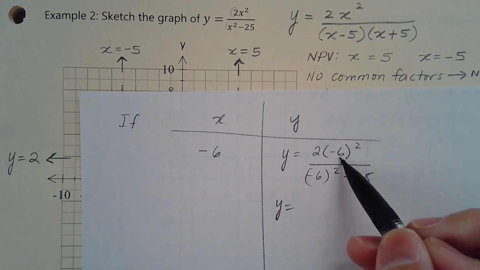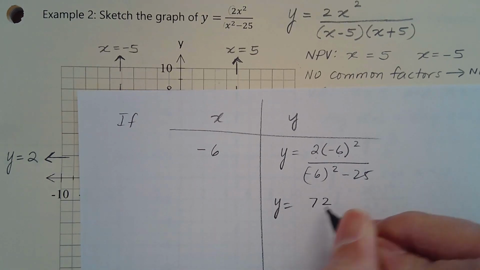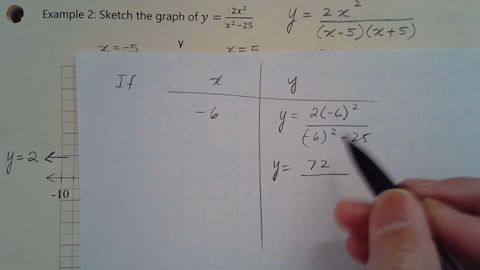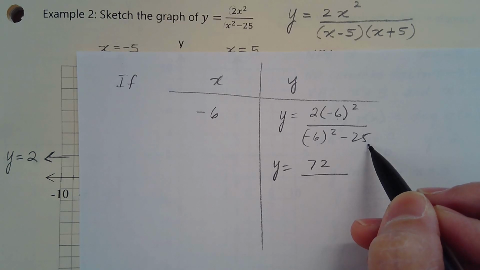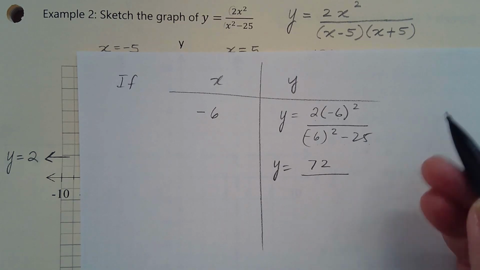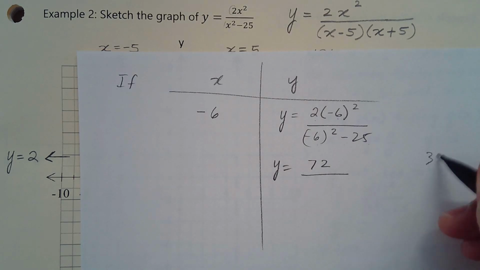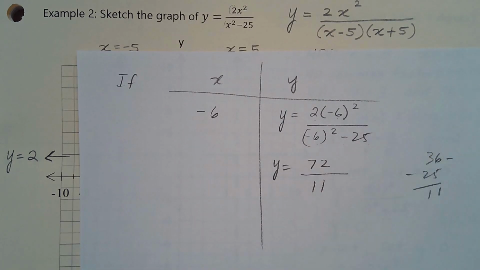So that's going to give us 36, it's positive 72, over 36 minus 25. 36 minus 25 is 11. Yeah, 11.